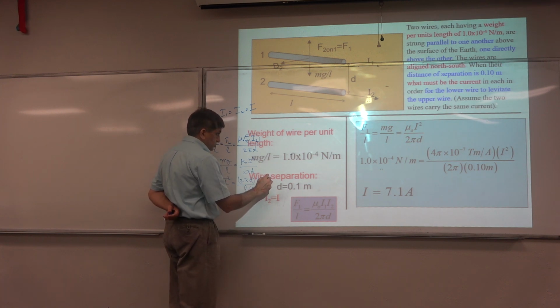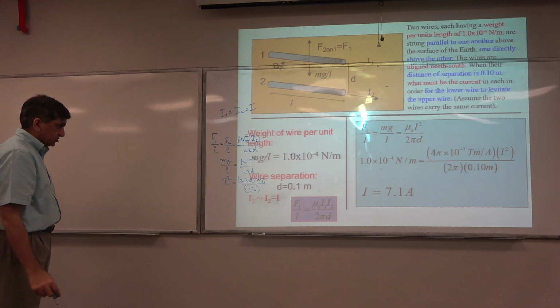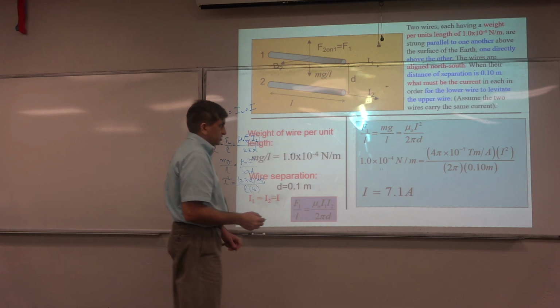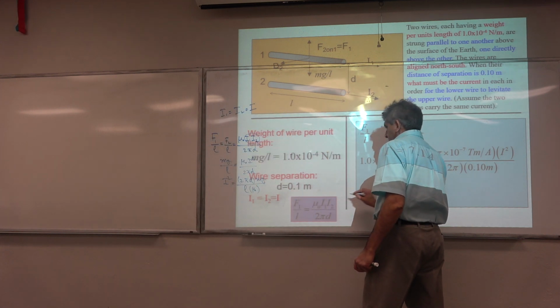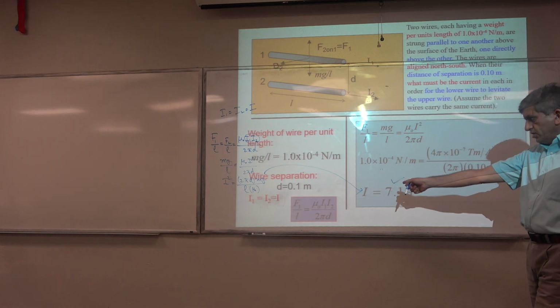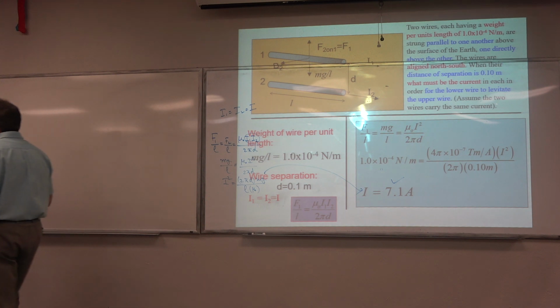So you can find the current from there. This will be I square, and then you take the square root, and the current comes out. So this is what the answer is. Got it? Okay.